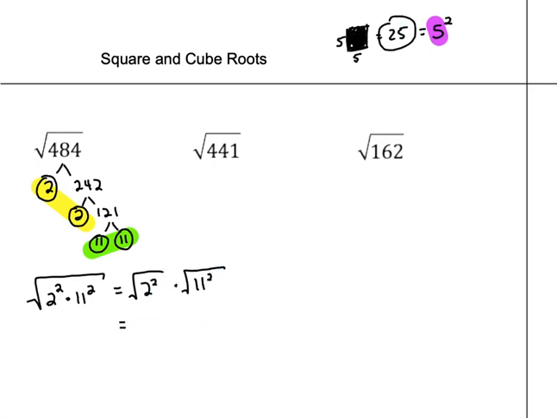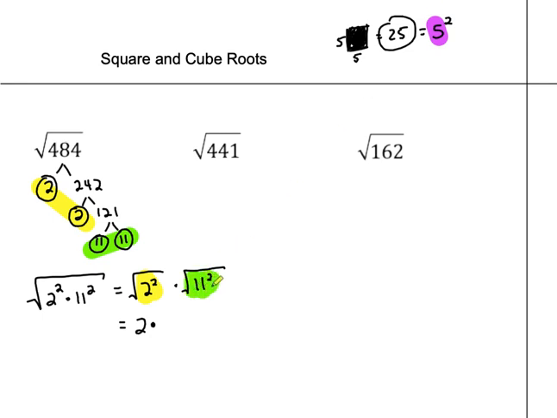Well, here I have a number squared, right? The base, or the number that got squared, the number that I multiplied by itself, is 2. So the square root of 2 squared is 2.